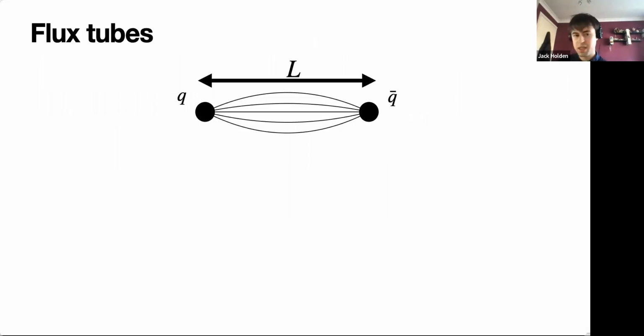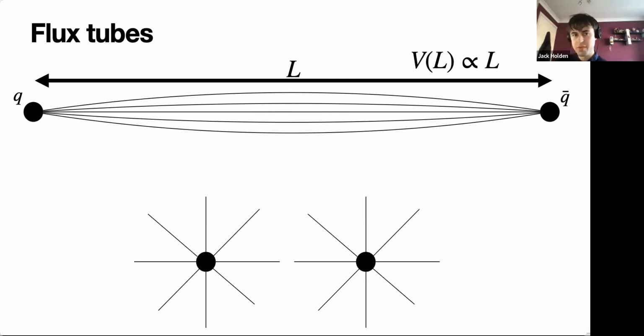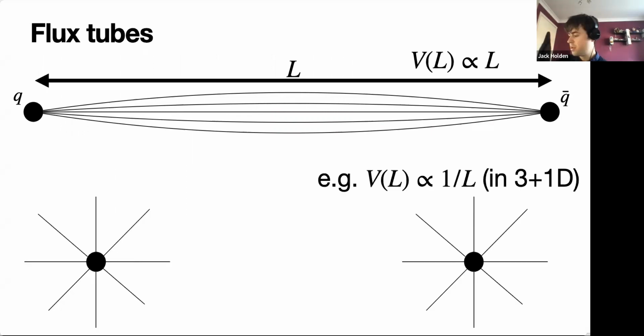The gluonic flux is concentrated into a tube in a confining theory, and by Gauss's law, it can't dissipate. So the potential has to go linearly with the separation. Whereas for a deconfining phase, the flux isn't concentrated, and so the potential is sublinear, for example, in the Coulomb phase.